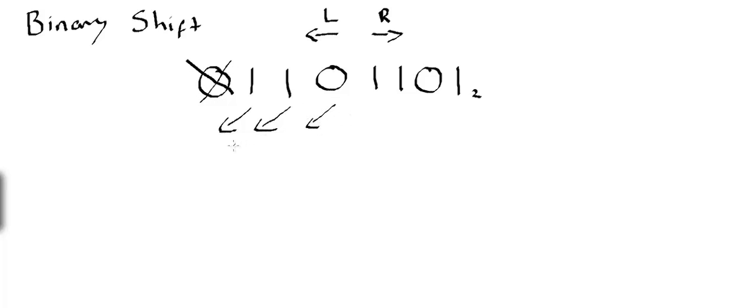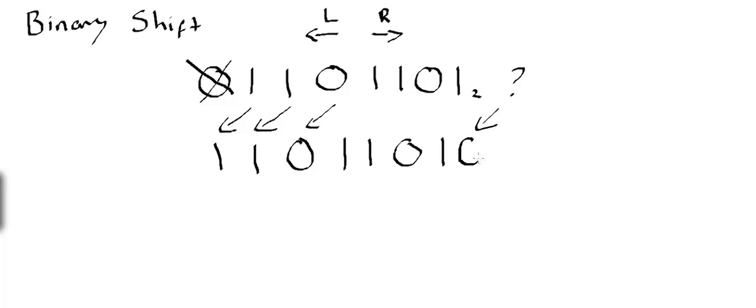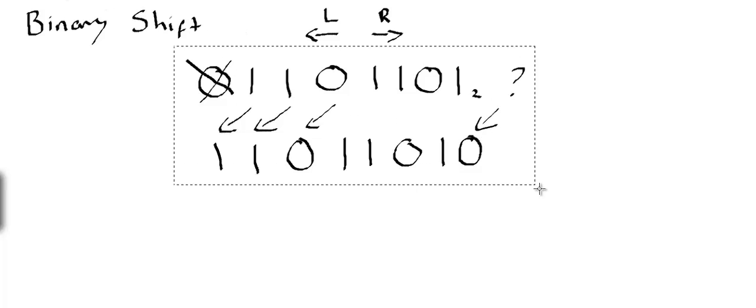So if we do that, we should have the number 1, 1, 0, 1, 1, 0, 1, and then, because there's nothing up here to go down here, we always just add on a 0. Okay, that would be how you do a shift of 1 to the left.